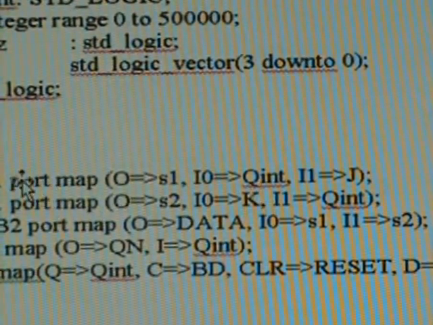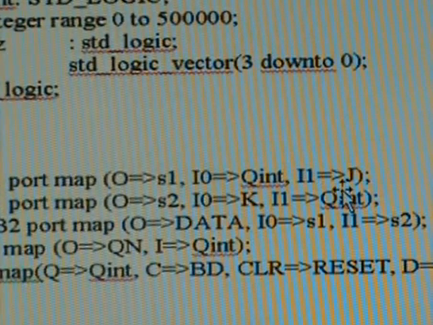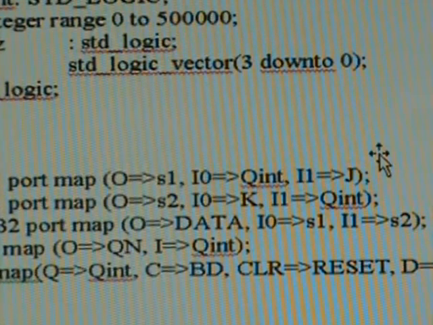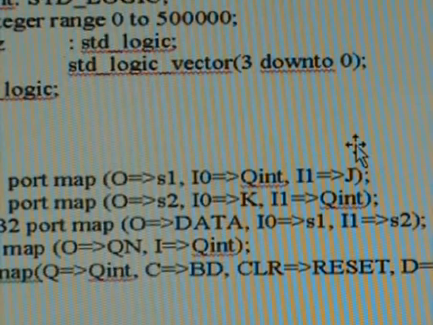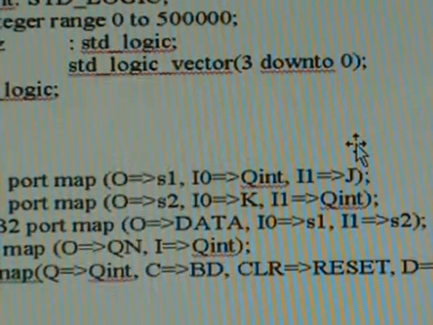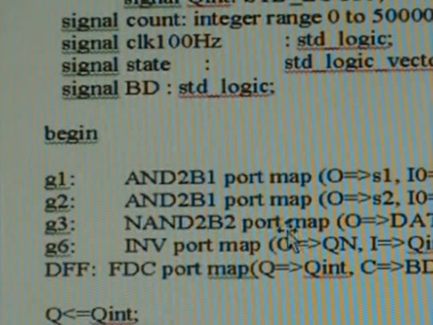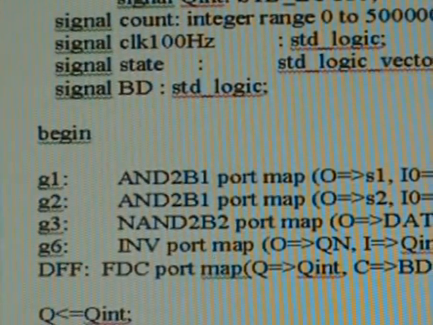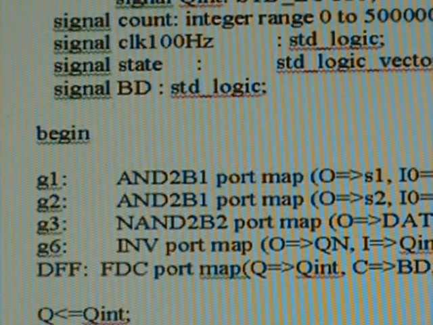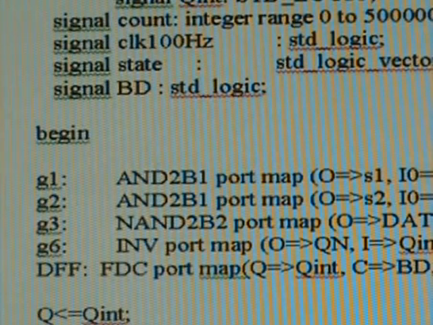And then the next input I1 is to be associated to the J input of the JK flip-flop that we're designing. So this is basically the structural description of creating JK out of data flip-flop.